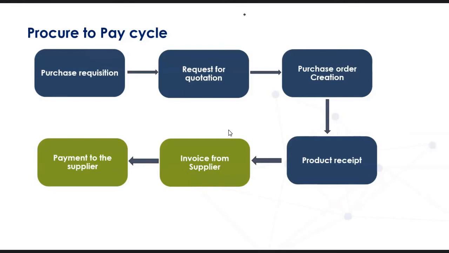Based on the organization's policies, it goes to the respective people for approval, and once approved, it goes to the procurement team, the purchase department, to purchase it from one of the available suppliers or else a new supplier. In D365 terminology, you hear people calling that a purchase requisition.